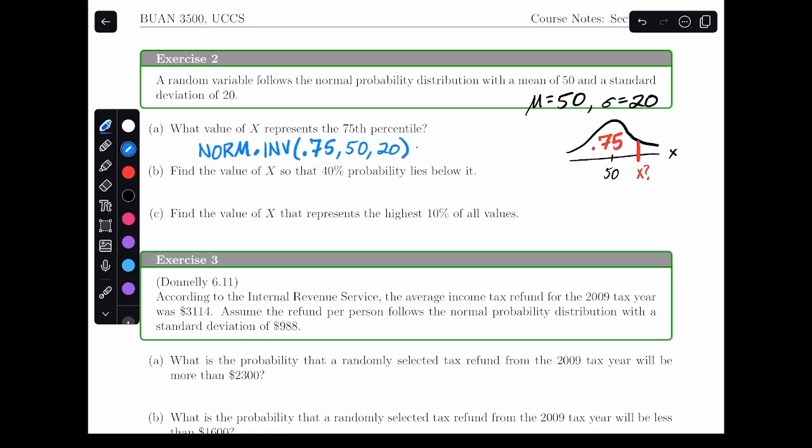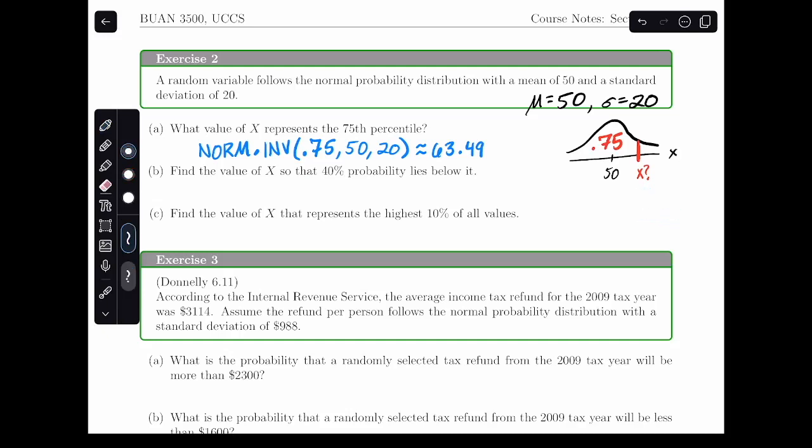If I plug this in, this will tell me the x value that has an area of 0.75 to the left of it. So that tells me that this 75th percentile is 63.49.